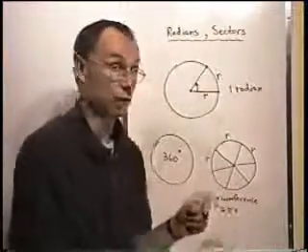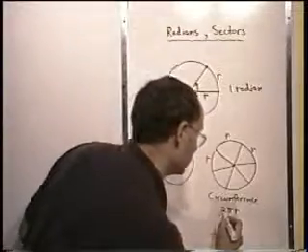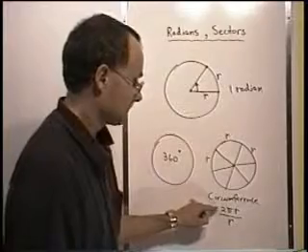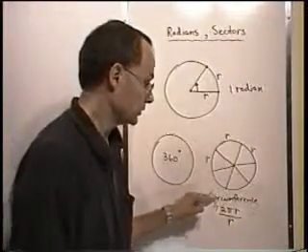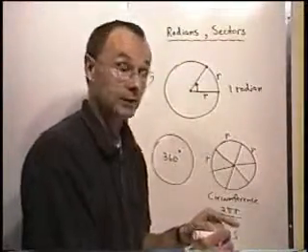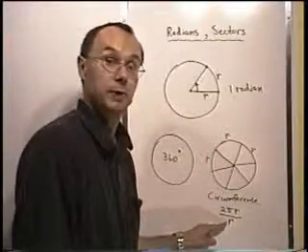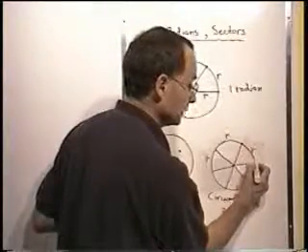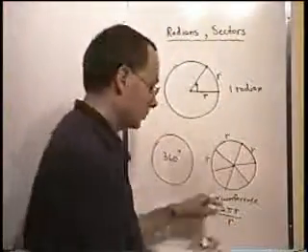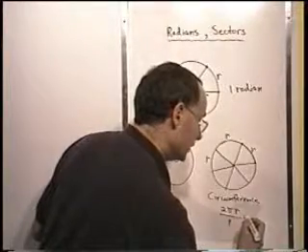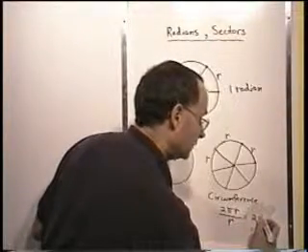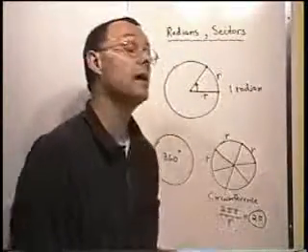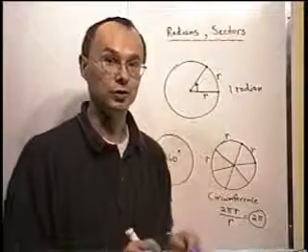I'm drawing a crude drawing here, but this is what we're mathematically going to do. We're going to take 2 pi times r, which is the full complete circumference or arc length of the circle, and divide it by r, which is the length of arc for 1 radian. We do this and we notice that the r's are going to cancel, and in a full circle there are 2 pi radians. That's how many radians there are in a full circle.